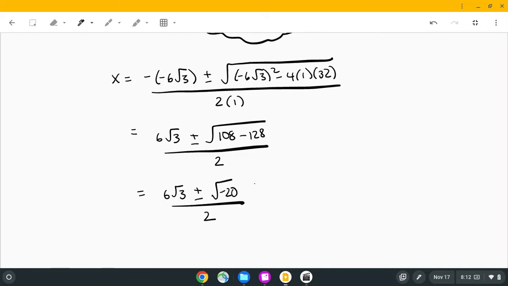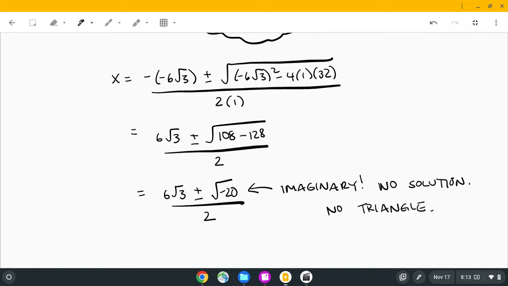This ends up being negative under the root, which is imaginary. So this is where our no solution arises. No solution or no triangle, because this is not possible over the reals.